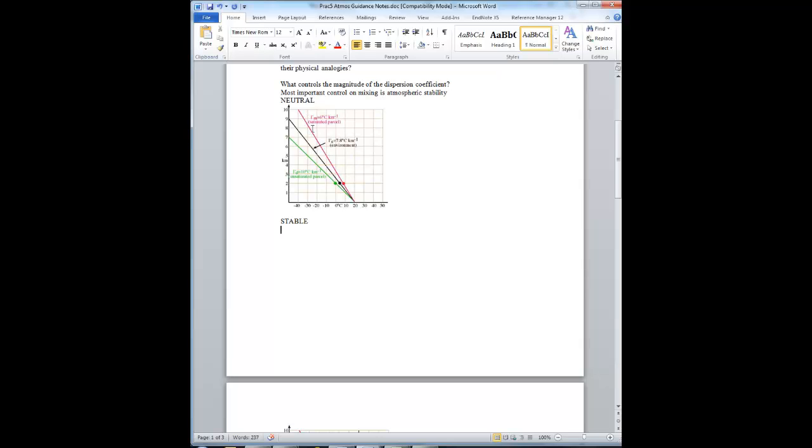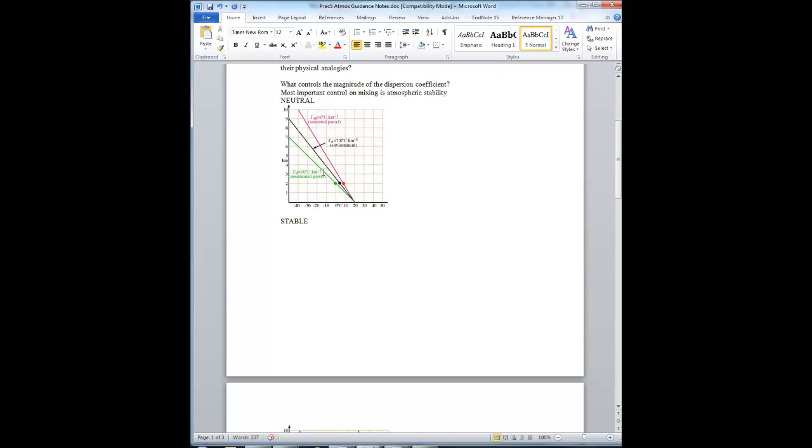That red line is a special condition in some ways because that's a parcel of wet air. But let's just consider the green line, which is the parcel of dry air. That parcel of dry air would change temperature along the dry adiabatic lapse rate. If the local lapse rate was also the dry adiabatic lapse rate, then at any point that parcel of air is going to be surrounded by air that's also at the same temperature.